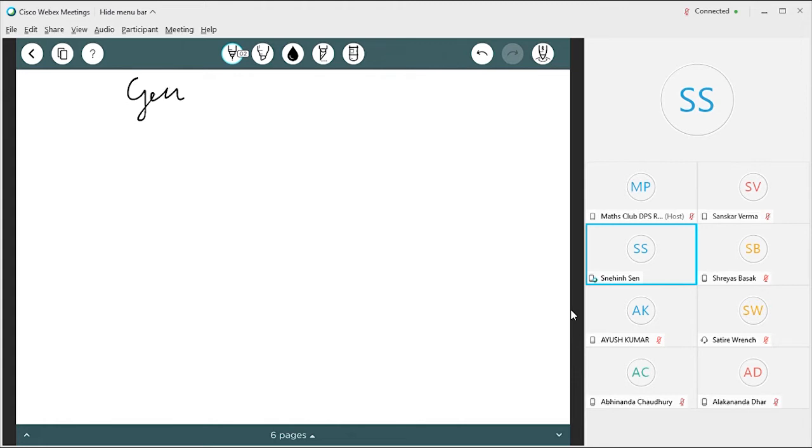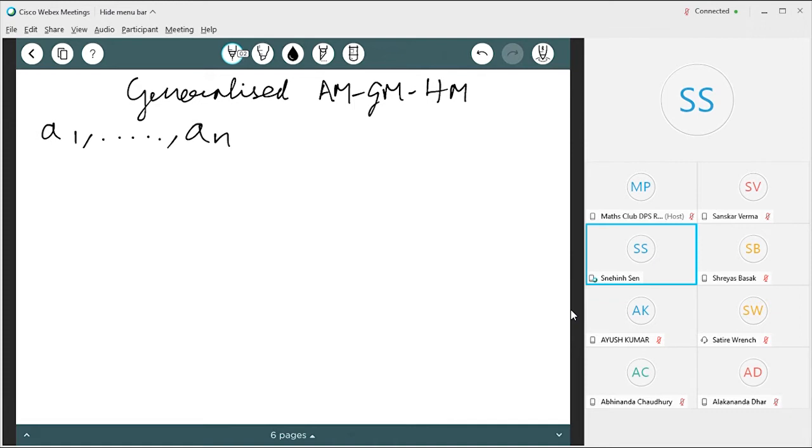So the generalized AM-GM-HM statement is as follows: A1 to AN are all positive real numbers, greater than 0.